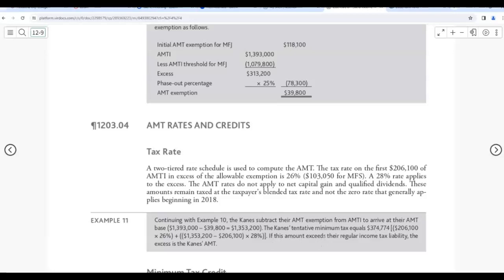If this amount exceeds the regular income tax liability, then the excess is alternative minimum tax. So that means they have to pay a minimum of $374,774, no matter what. So at what point do you start going down the alternative minimum tax rabbit hole? Like how do you decide to figure that out?